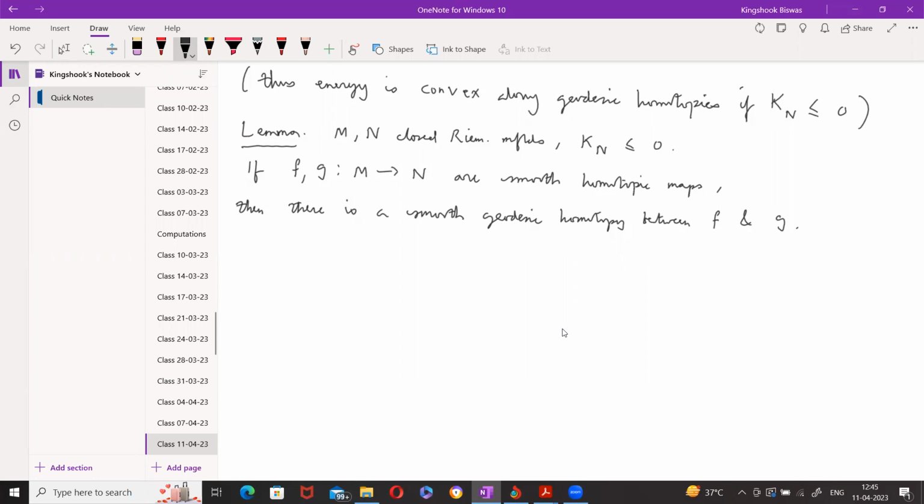Okay, fine. So let me assume this lemma. So then we can prove the proposition. So again, M and N closed Riemannian manifolds, sectional curvature of N non-positive.